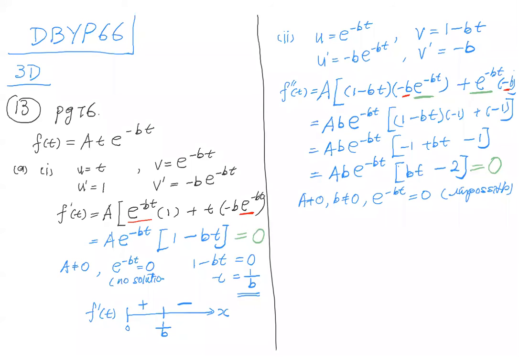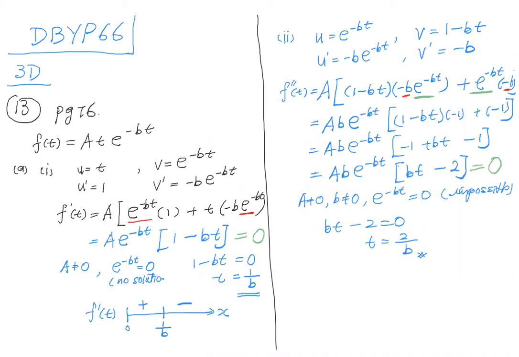So bt minus 2 equal to 0. So t equal to 2 over b. Proven. This is the coordinate. Is it a horizontal or non-horizontal? Definitely a non-horizontal, correct?